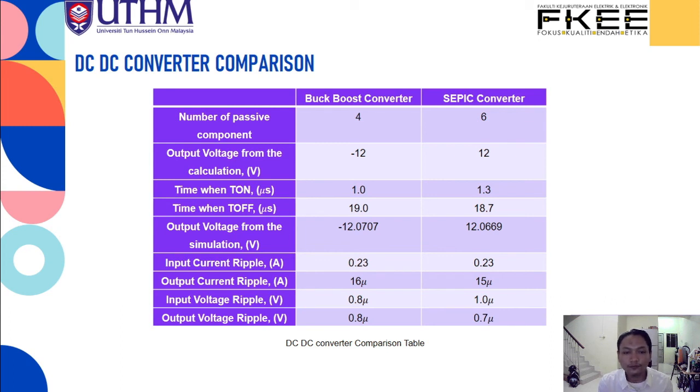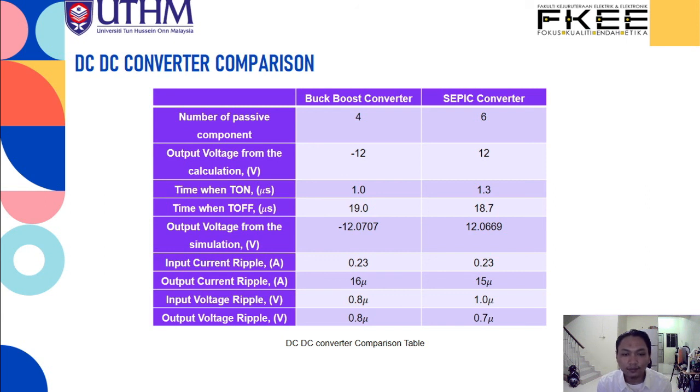The output voltage from the simulation for the buck boost converter is negative 12.0707. Meanwhile, for the SEPIC converter it is 12.0669.